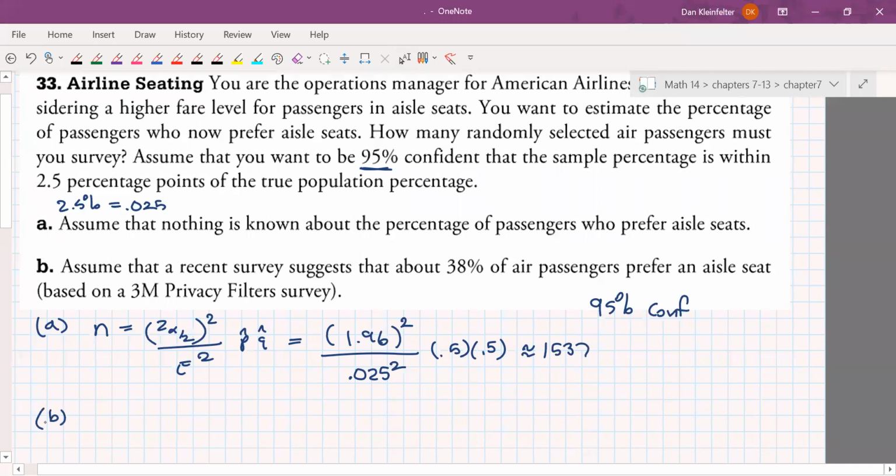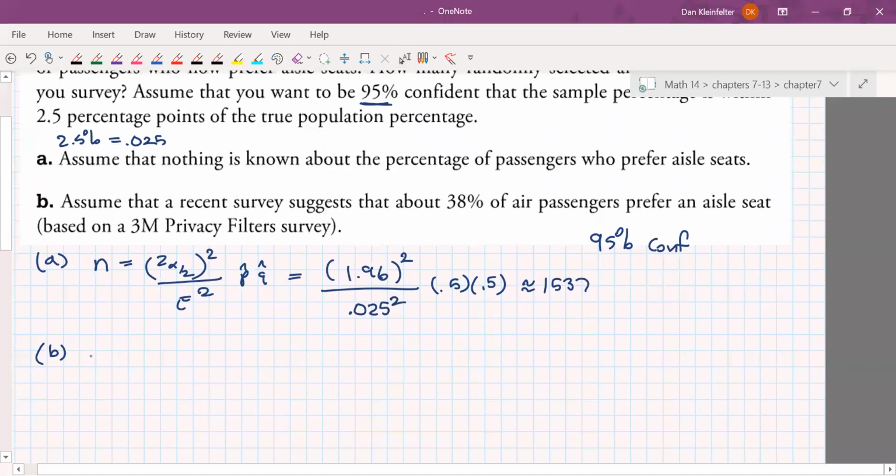All right, the difference here in part B, it says assume that there was a recent survey that suggested about 38% of passengers prefer an aisle seat. So if we're going to go off of this prior study, it's going to be similar. We still want the same confidence level and the same margin of error.